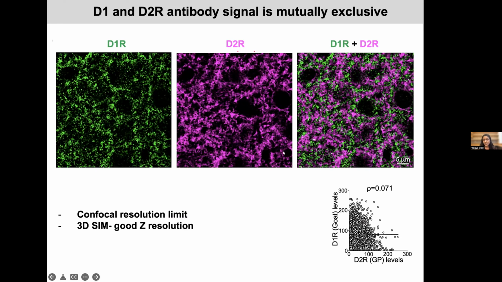So in confocal, we are right at the limit of resolution, which is around 200, 250 nanometers. And for this particular question, we ultimately want to analyze distances of these receptors relative to dopamine axons. So for this, we utilized 3D structured illumination microscopy, a super resolution imaging method with nearly double the lateral and axial resolution of confocal.